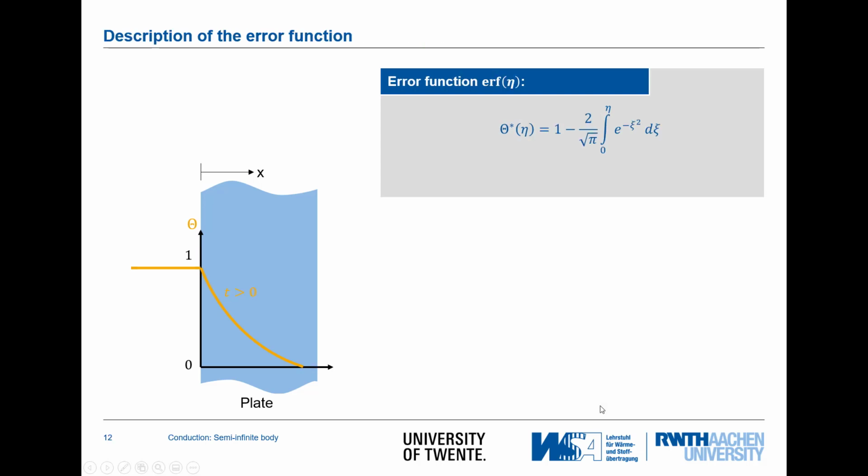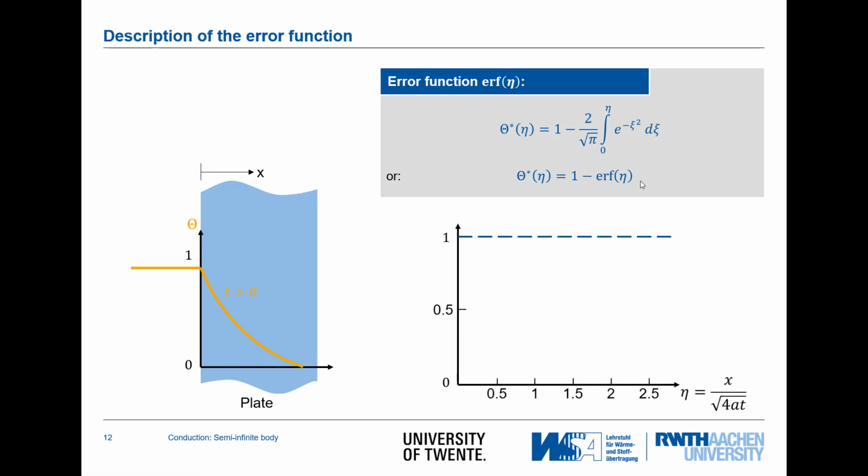This is now the next step. We have to integrate that, and the integral of this equation is the error function. So instead of writing this term, we can also write that the dimensionless temperature is equal to 1 minus the error function of eta. How does the error function look like?